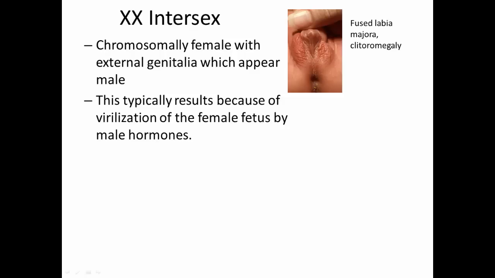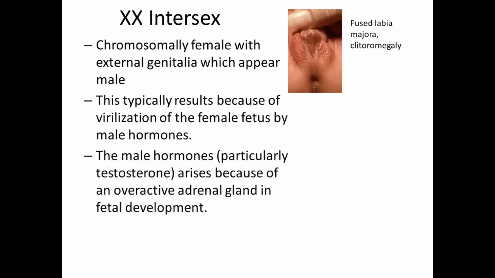And so when that baby is born, they may look and say, well, is that bilateral undescended testes with a micropenis, or is it fused labia majora with clitoromegaly? And the reason that they said fused labia majora and clitoromegaly is because they would have done the chromosome test and they would know that it was XX. This person was XX.